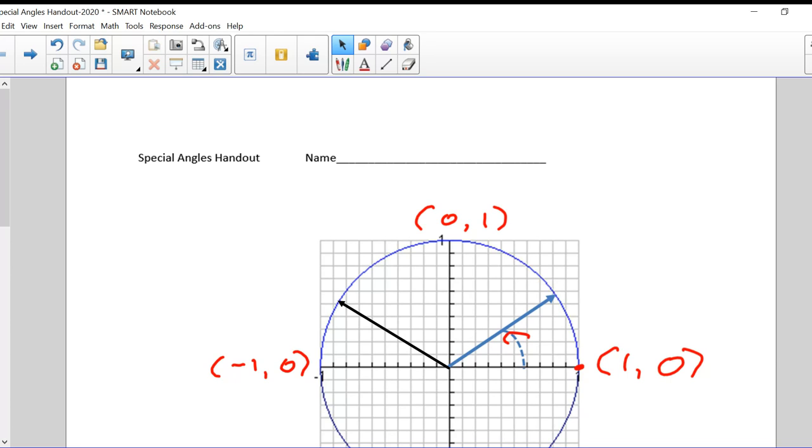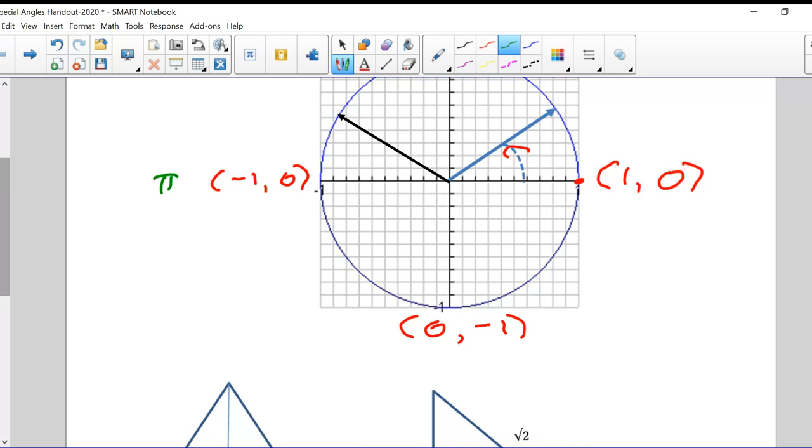But in the new system, we're going to be calling this pi over 2. So think of what used to be 90 degrees as pi over 2. Over here, we'd be at 180 degrees, but think of 180 as being pi. Pi is the same equivalent angle in radians as 180 degrees.